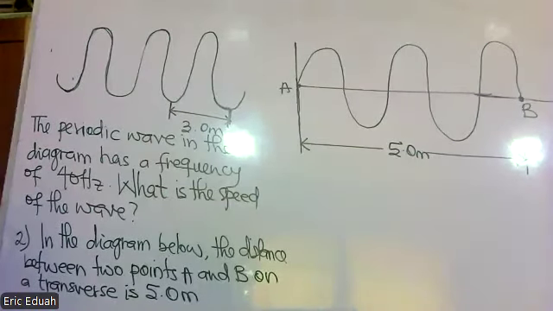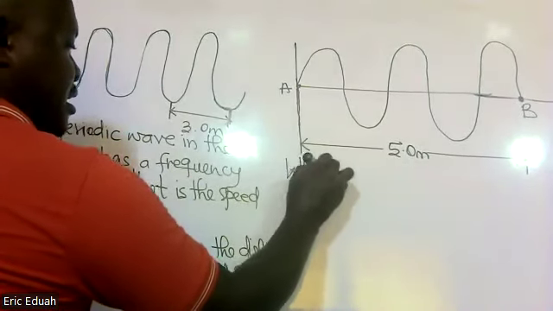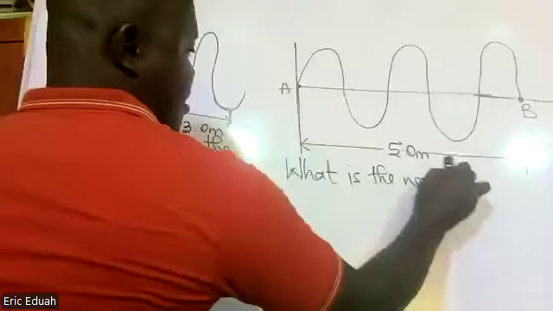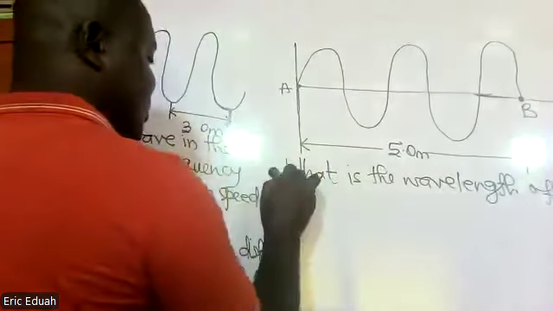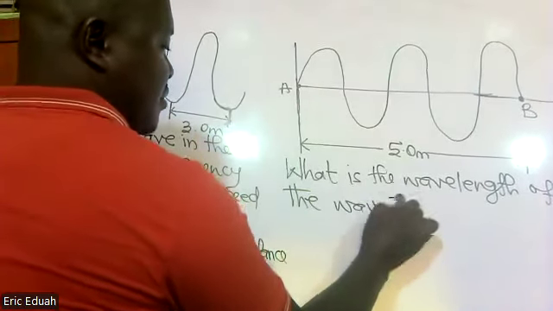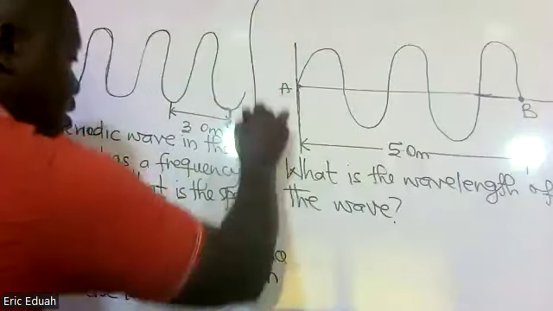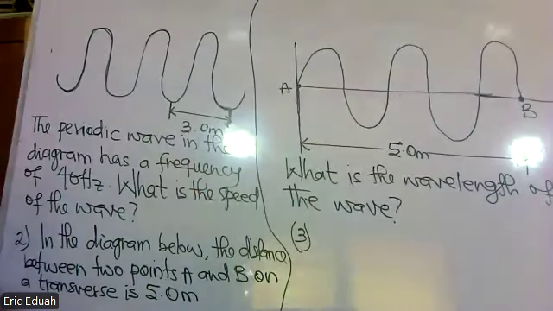The question is, what is the wavelength of the wave? So the question demands the wavelength of the wave. And then the third question is also a graph.